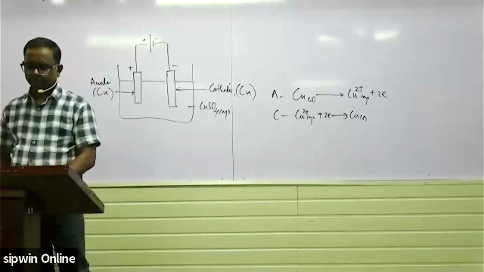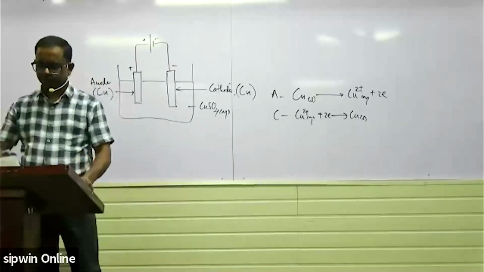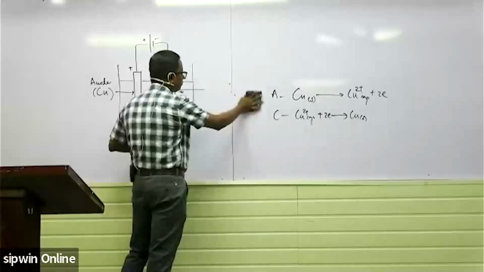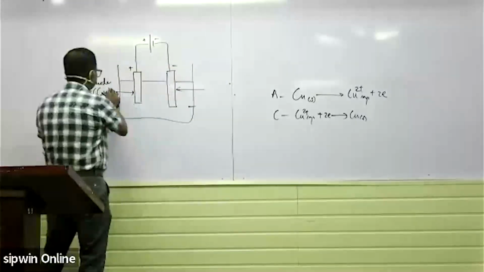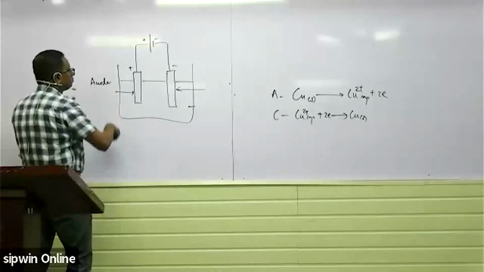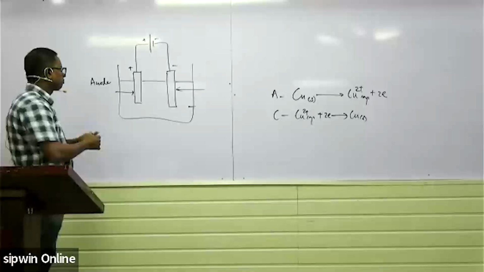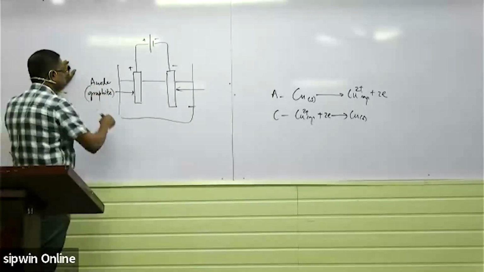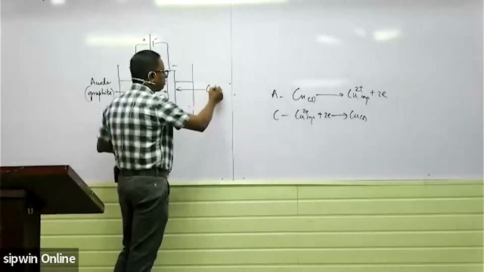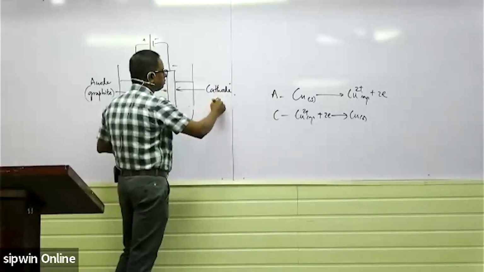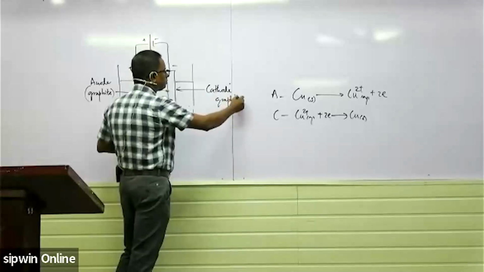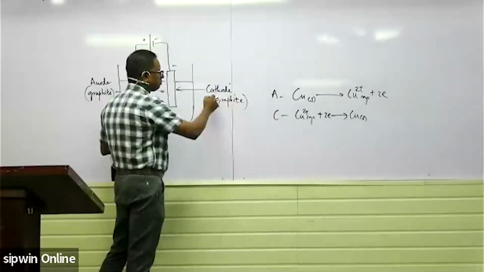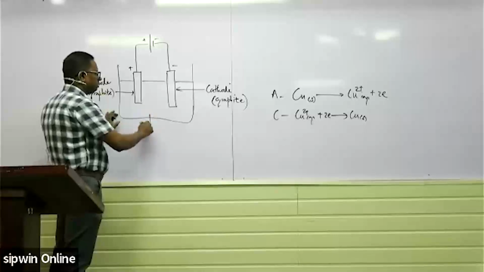Make the diagram. Anode, graphite. Cathode also graphite, or another kind of inert electrode. Aqueous sodium chloride.